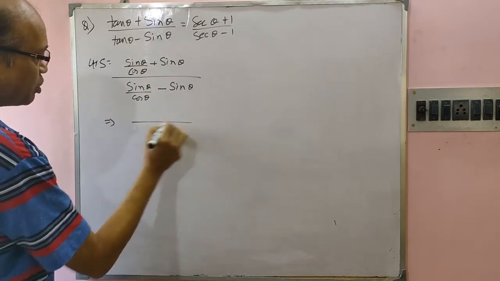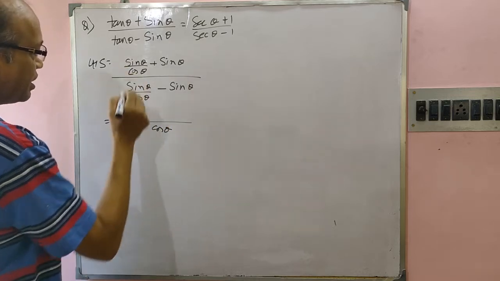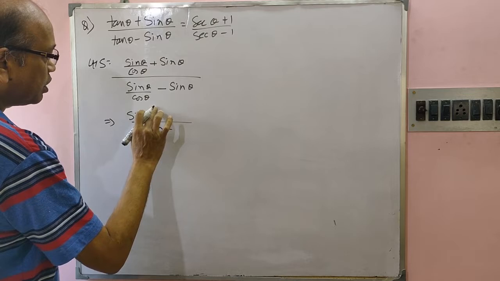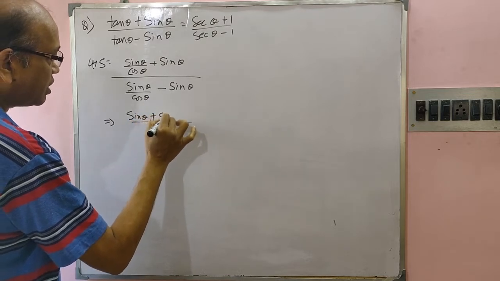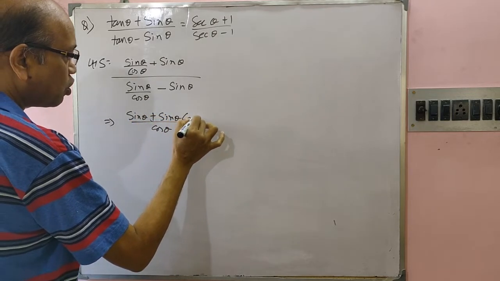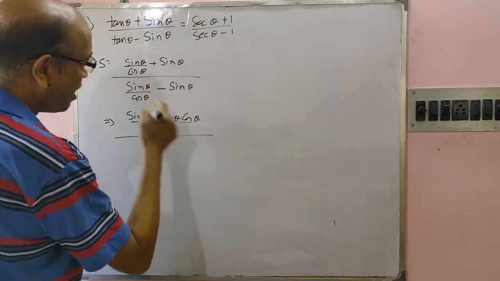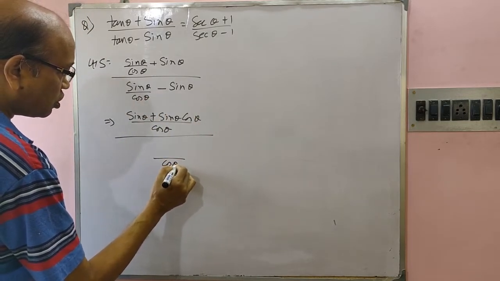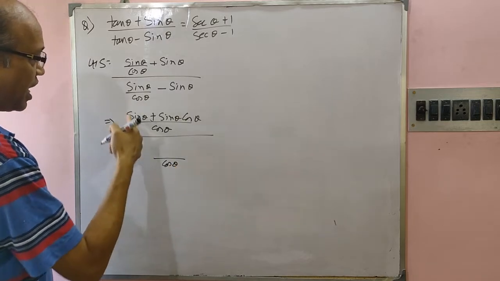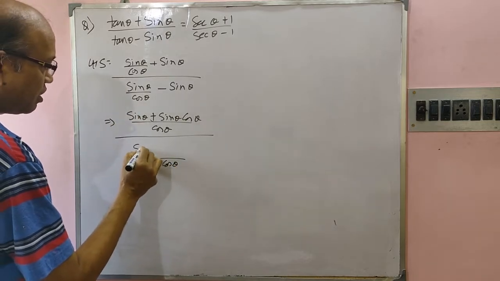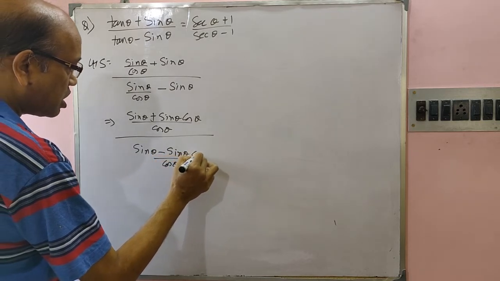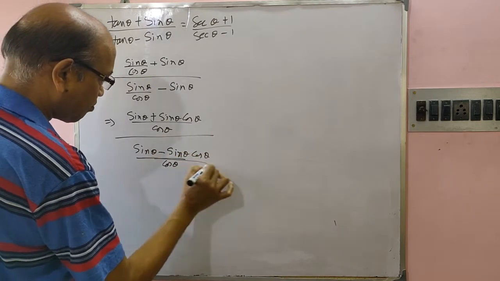Then take LCM as cos theta here. What I get is (sine theta plus sine theta cos theta) whole divided by, again if I take cos theta here, (sine theta minus sine theta cos theta).